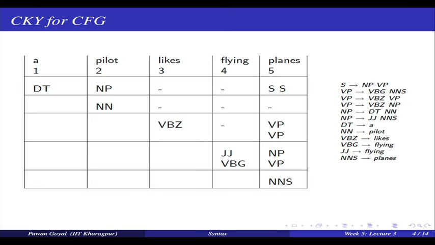Whether he likes to fly the plane or whether he likes to see flying planes, something like that. So there are two different interpretations. That's why there are two different parses of this sentence. Each individual parse will denote one particular interpretation. Now, by this CKY algorithm, find out all the possible parse trees using my grammar. But I have no way of saying which parse is more probable than the other parse. I cannot assign probabilities to them.